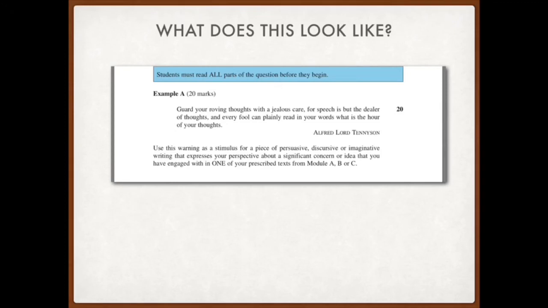Now, what does this Module C paper kind of look like? So what I have here are some screenshots from the sample paper that came out in 2018, and they give some good examples of what these questions could look like. So example A is worth 20 marks. Another thing you should be aware of is the amount of marks.